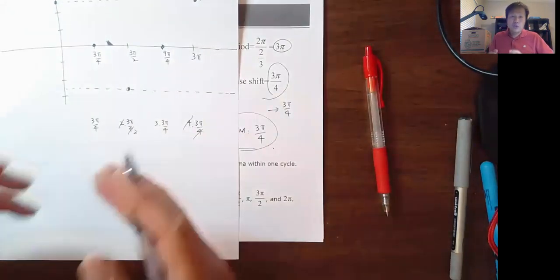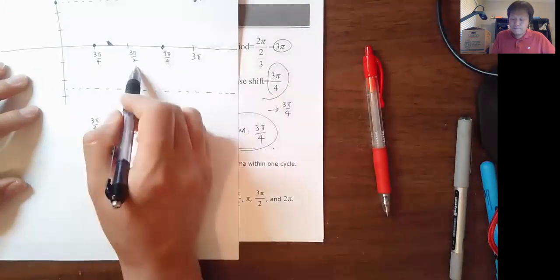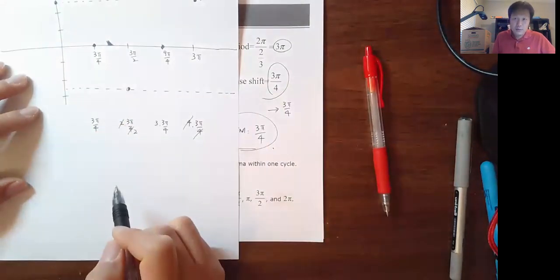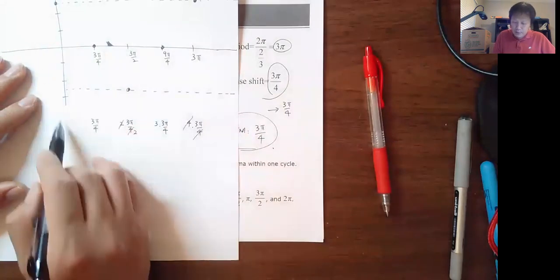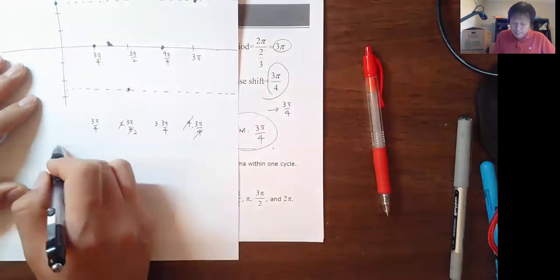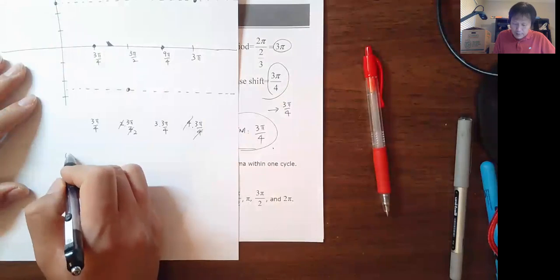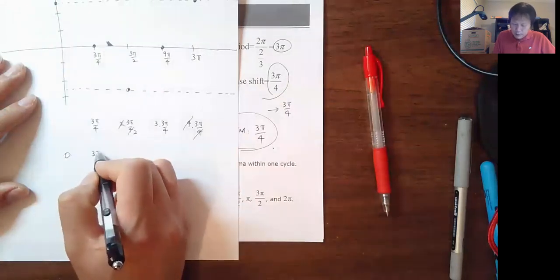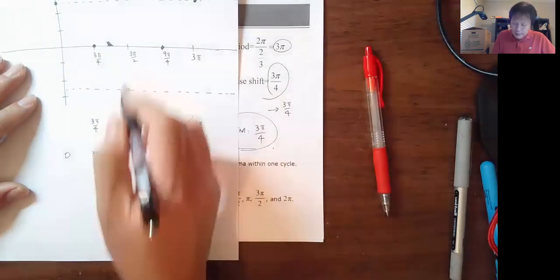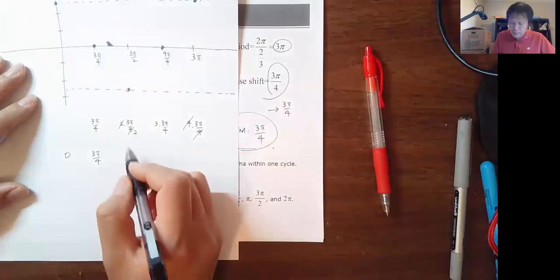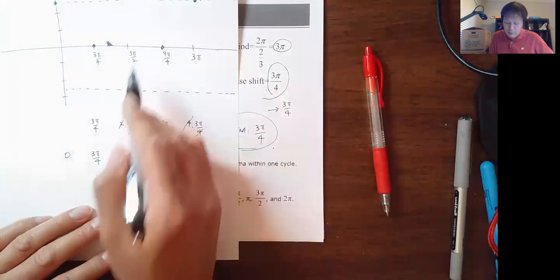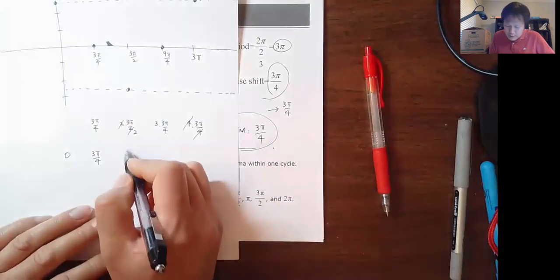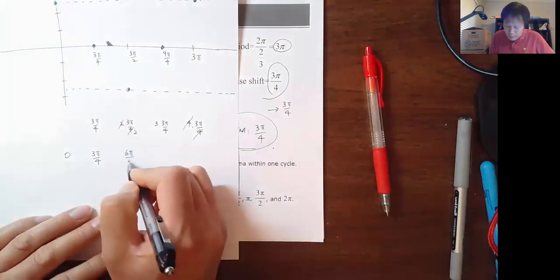You still need to calculate the x coordinates of the points. So first point here, x coordinate was 0. I'm going to rewrite that: that's a 0, that's a 3 pi fourth, that's 3 pi half, which is the same as 6 pi over 4.